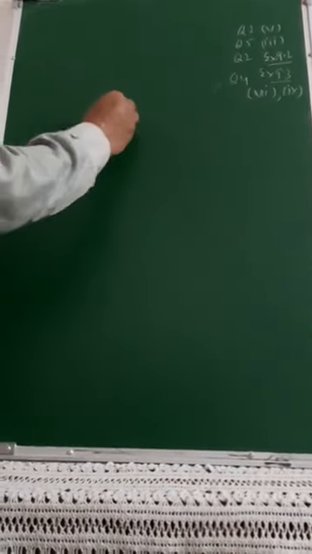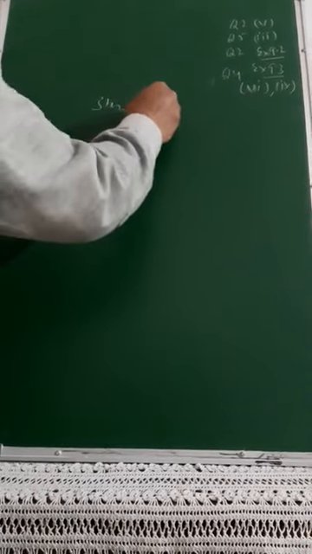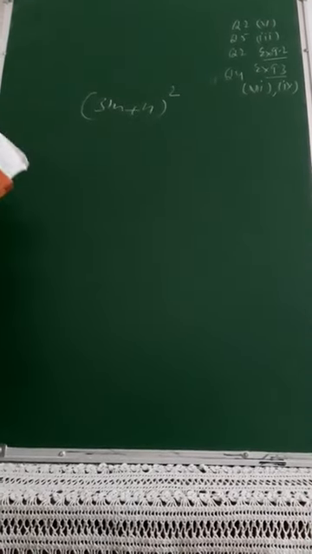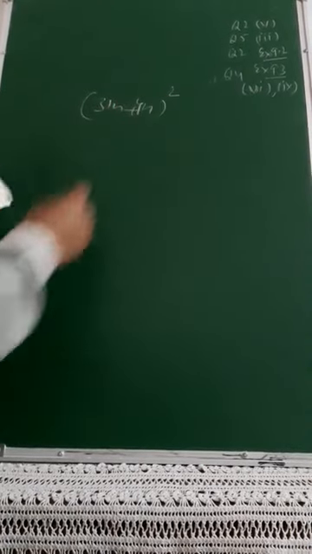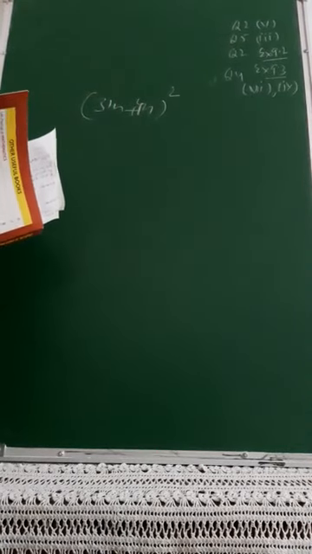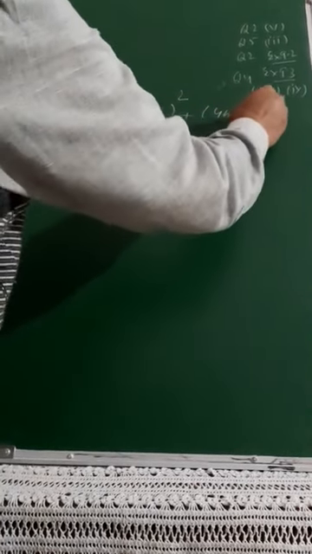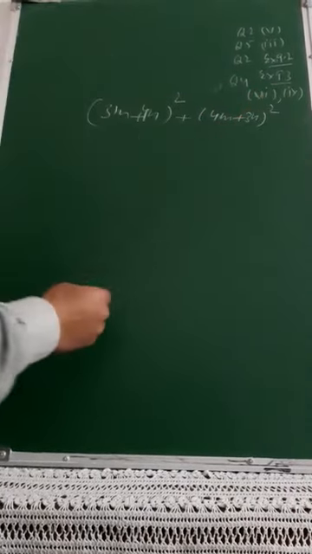So here is the fifth part: (3m + 4n) whole square plus (4m + 3n) whole square.